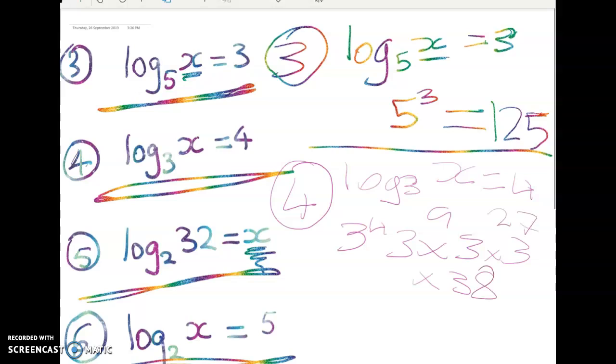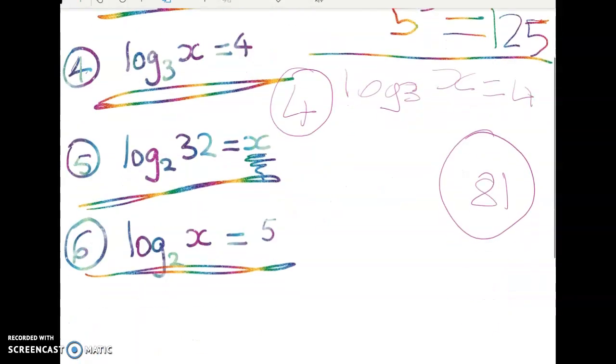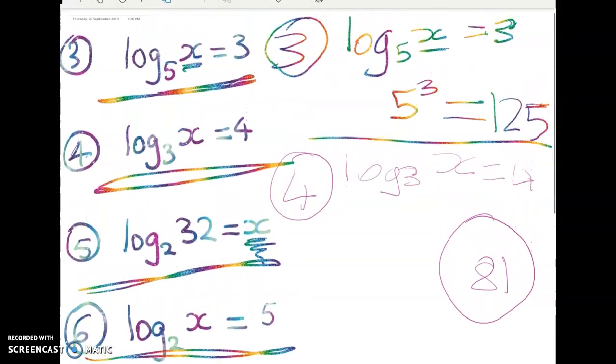It's 81. Took me a while. So log to base 3 of x equals 4, and x is 81, because it's just 3 to the power of 4. Remember that.